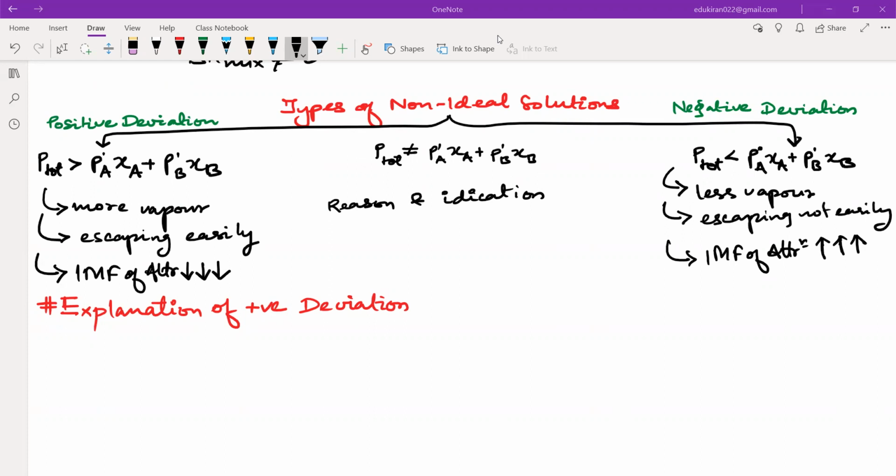ठीक है. So you remember, now you have to identify there are two different things. So the indication will be, what did you say for bromine? What should happen in bromine?